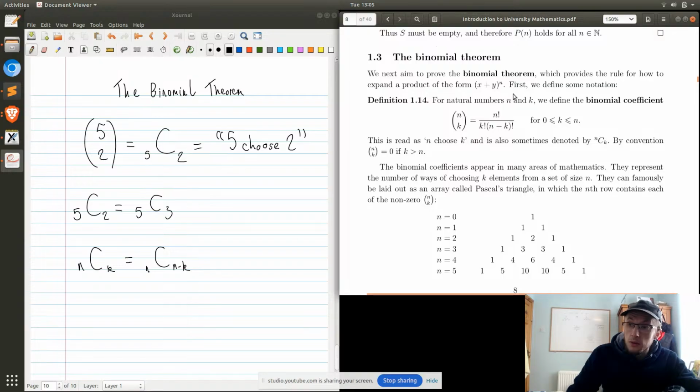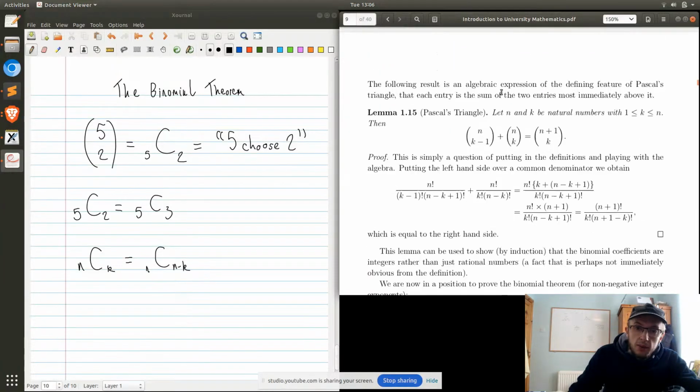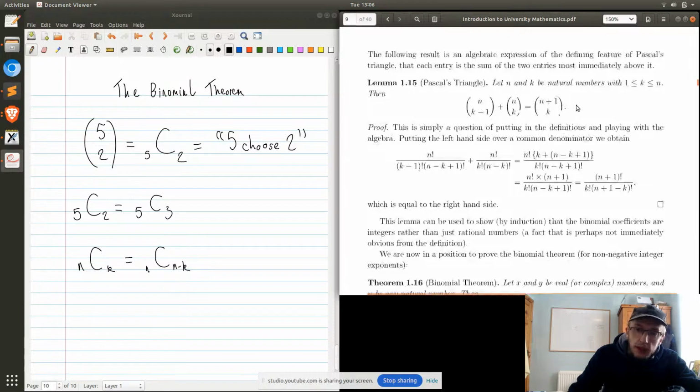How do you know? Maybe it's only true up to 100. Why not? You haven't investigated the entire triangle. So you have to prove it's true by induction. All you do is put these entries into the definitions and do routine algebra like this.